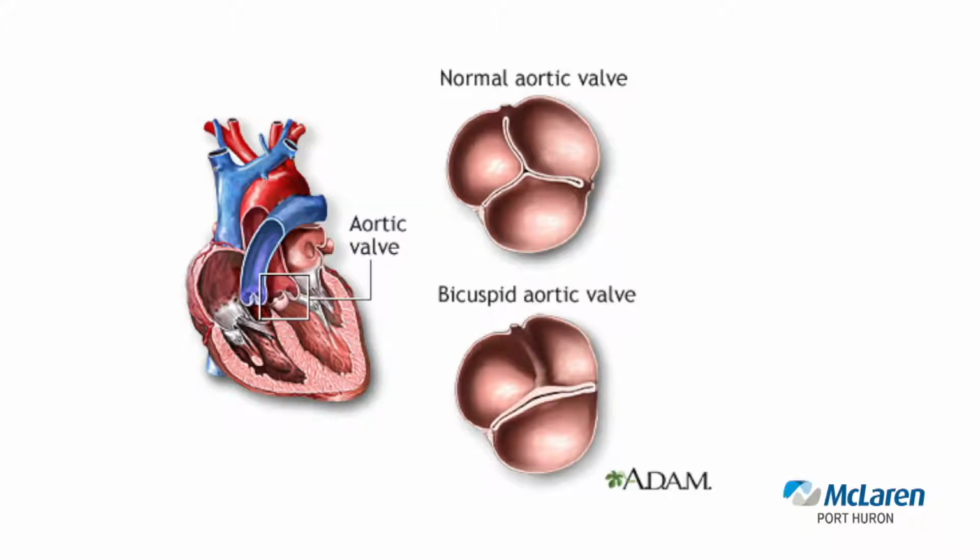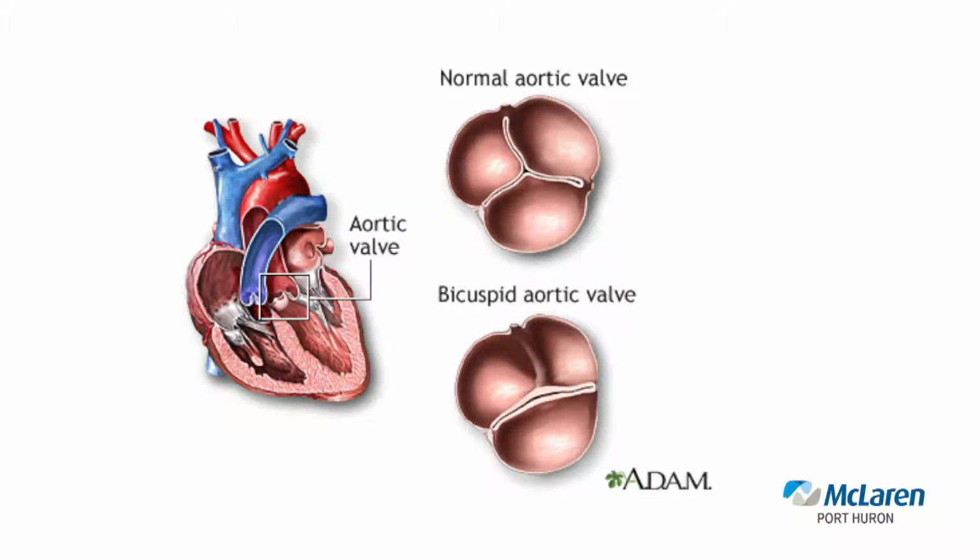Are there common diseases that impact the aortic valve? The most common problem with the aortic valve is aortic stenosis. And there are two common reasons why people get aortic stenosis. There's what we call bicuspid aortic valvular disease, which people are born with.